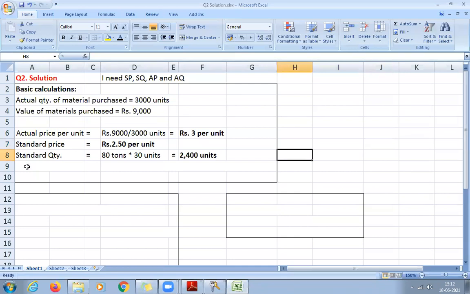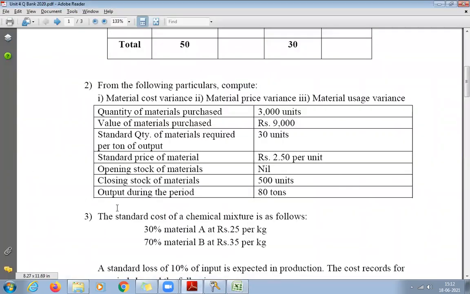Next, how do we calculate the actual quantity? Any formula for actual quantity used? It's very simple: opening stock plus purchases minus closing stock. The remainder is the quantity actually used.